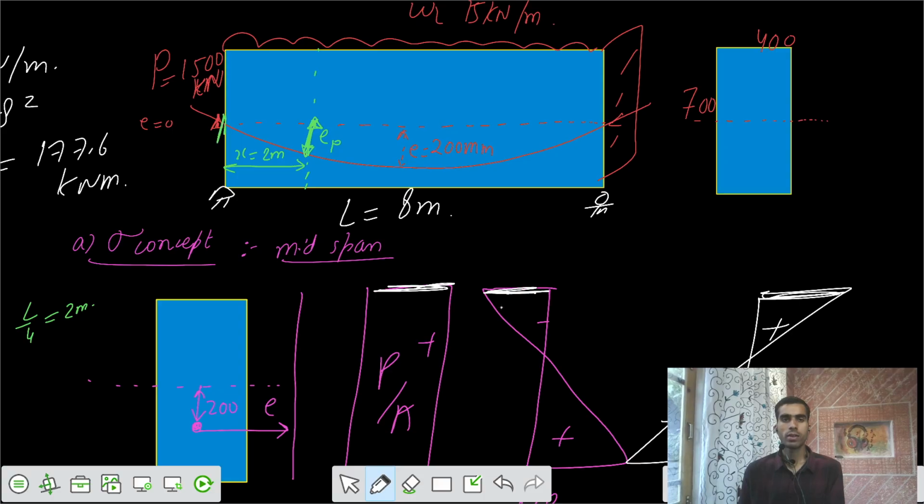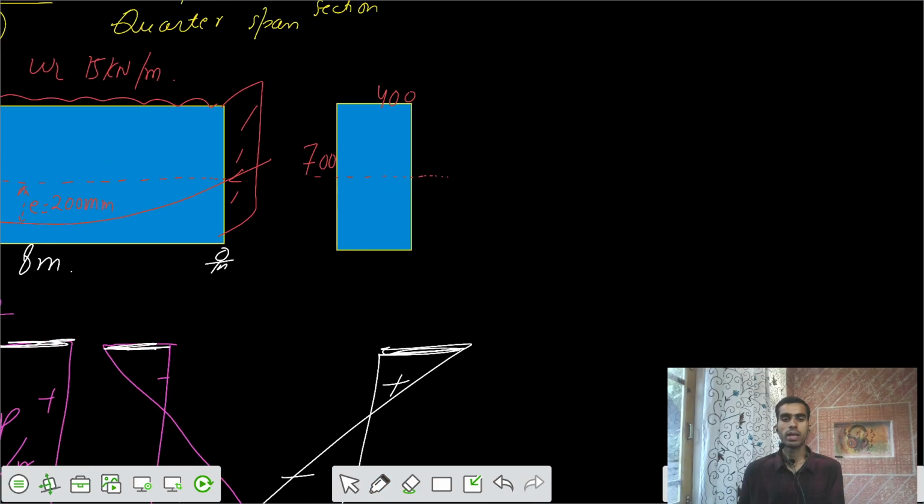If I take the end support as a reference, we know the equation for the parabolic case. What was the equation? y equals 4hx(L minus x) by L square, where your value of h was equal to e1 plus e2.